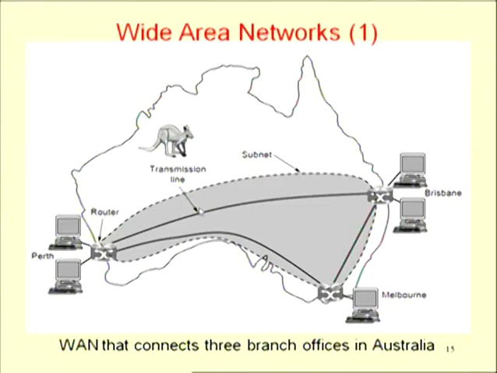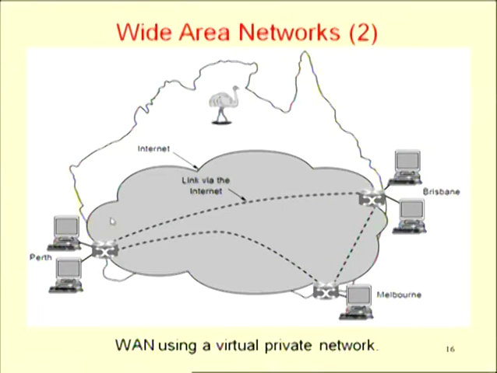In this case no one else will be able to use this line. They are dedicated to these two entities only. But in this case these lines are over the internet, they are shared lines. But still, being on a shared line, if you can create a kind of network which will look like these three devices are connected with each other all the time, that is called VPN, virtual private network. So this is showing you an example of VPN over WAN.